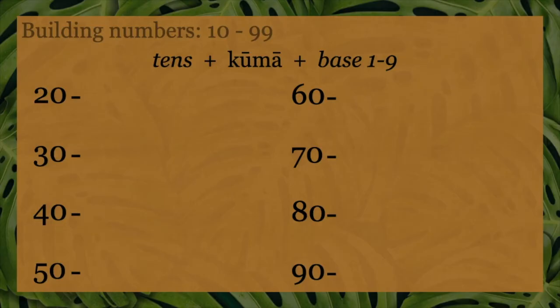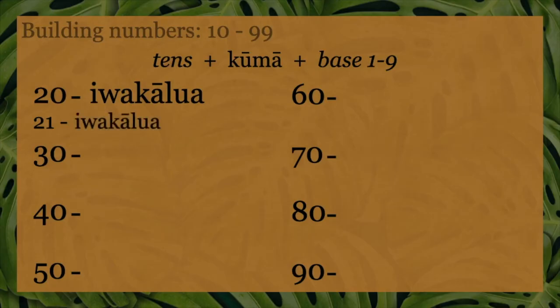The word for 20 is ivakalua. So how would we say 21? Ivakalua for our tens place, then kuma, our connecting word, and then we need the base form for 1, kahi. Ivakalua kuma kahi. 21.